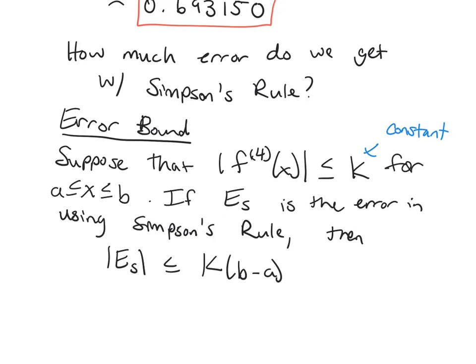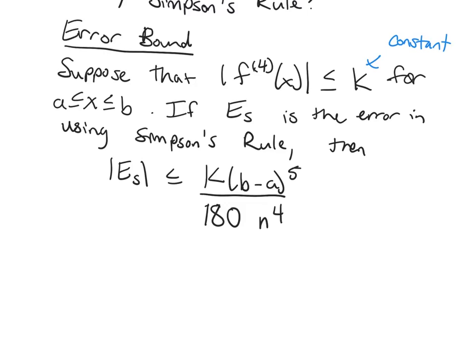Yesterday it was cubed, but now it's to the fifth. So again, it's a similar formula. There are some differences. The degree of b minus a is now 5 instead of 4, and the coefficient in the denominator is different, but it's kind of similar.